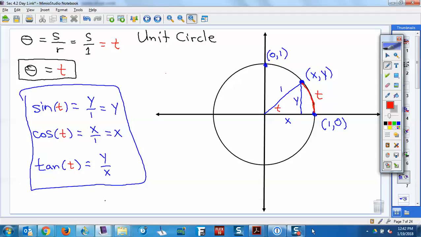Now, a lot of times we use Greek letters for angles, okay? But now we want to talk about the trig functions, like f of x, right? Our first quiz was about functions, like f of x or g of x, and x is our input, right? And so theta could be our variable, theta could be our input, but typically we just use letters like x or t. So for this, we're going to usually use t.